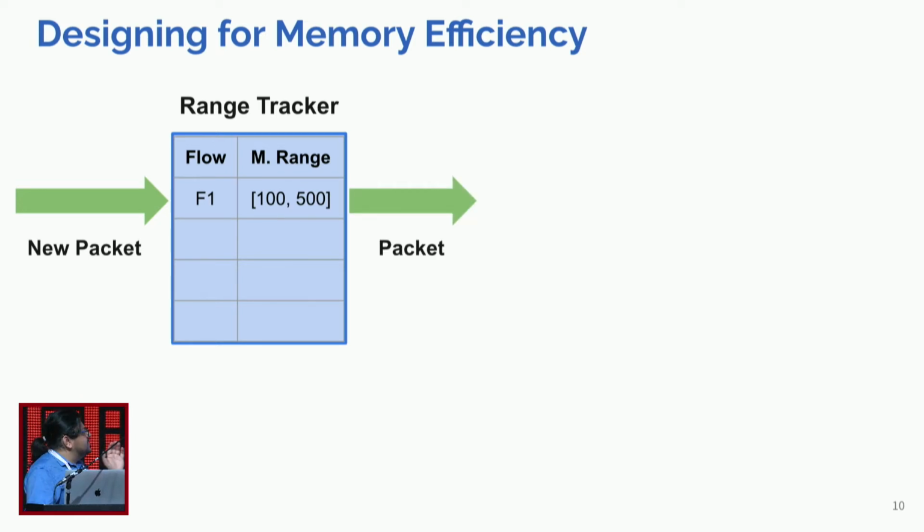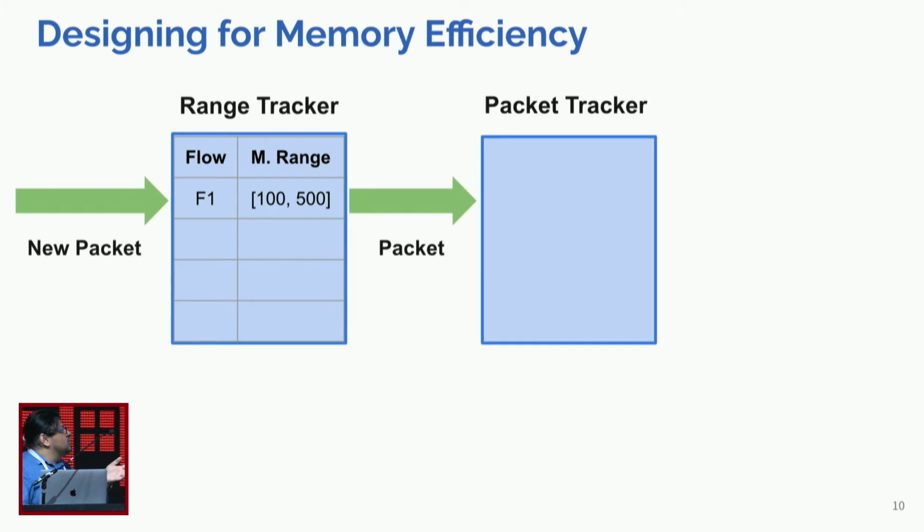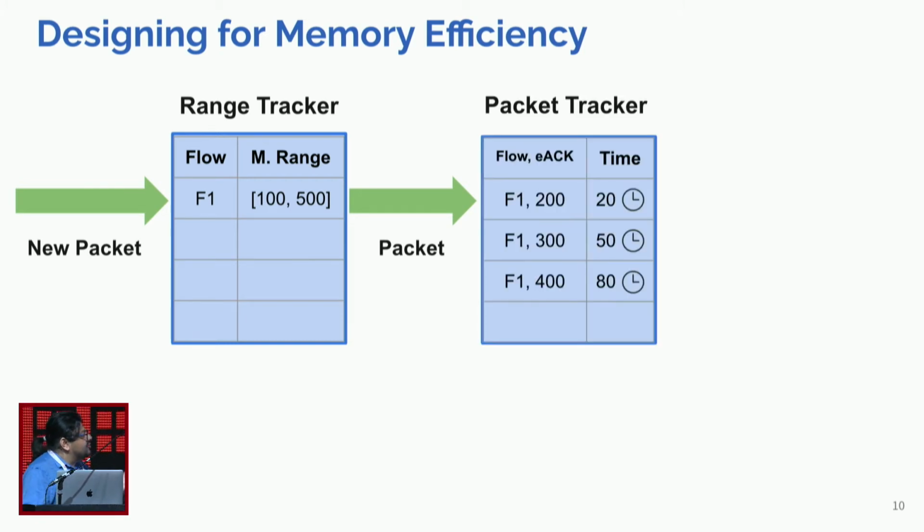Once it goes through this range tracker table, it either updates the measurement range or collapses the measurement range, depending on the case. And then if it's a valid packet, the packet goes to a packet tracker table where the packet record is stored. In this particular case, you'll see that flow F1 has 3 packets in the packet tracker table.